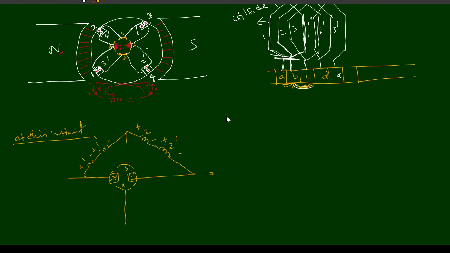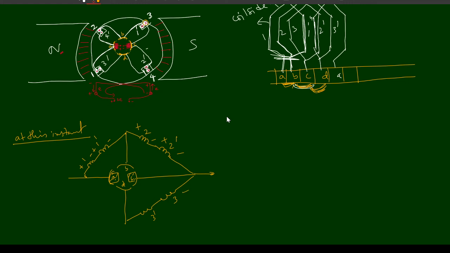Between C and D, look at here, the coil sides 3 and 3 dash are connected. What is the sign of the voltage of 3? It is going inside. Inside means minus plus.